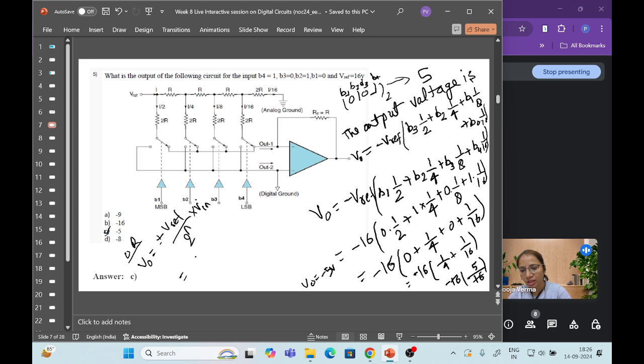So V reference is given, that is 16 volt. We can take minus here or plus.